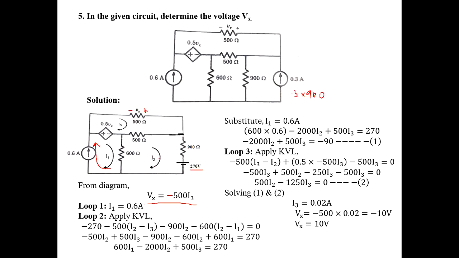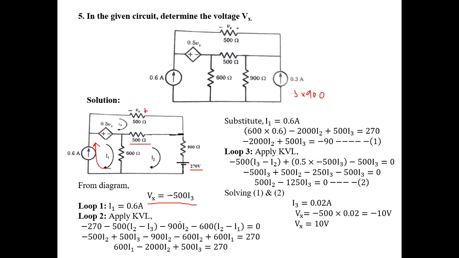Then consider loop 2 and apply KVL in this loop. We have to write the equation. This arrow meets this positive, so we write minus 270. Then this arrow meets this resistor. Resistor means voltage drop: minus 500 into I2 minus I3, because this 500 ohm is between I2 and I3.